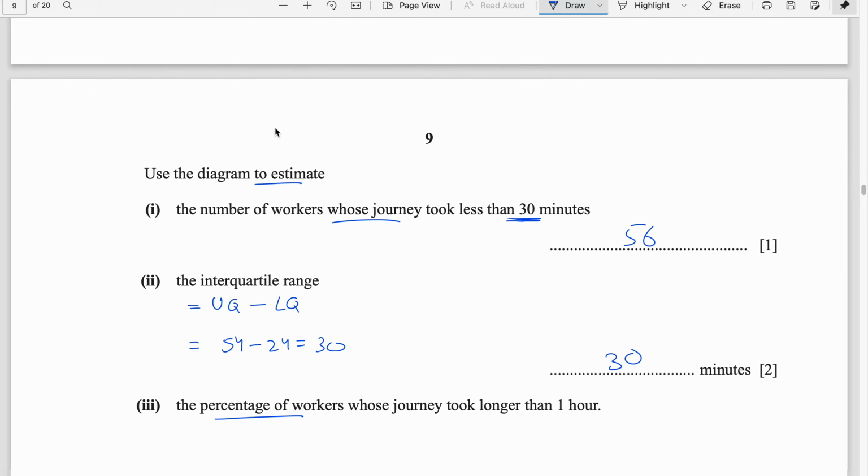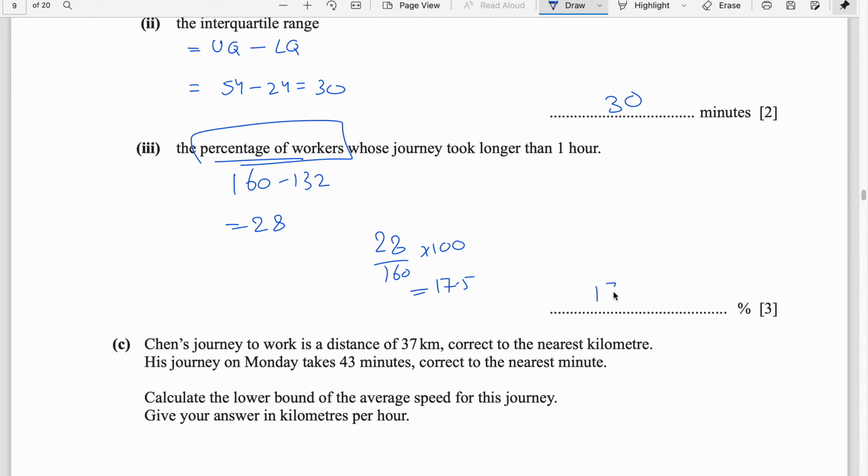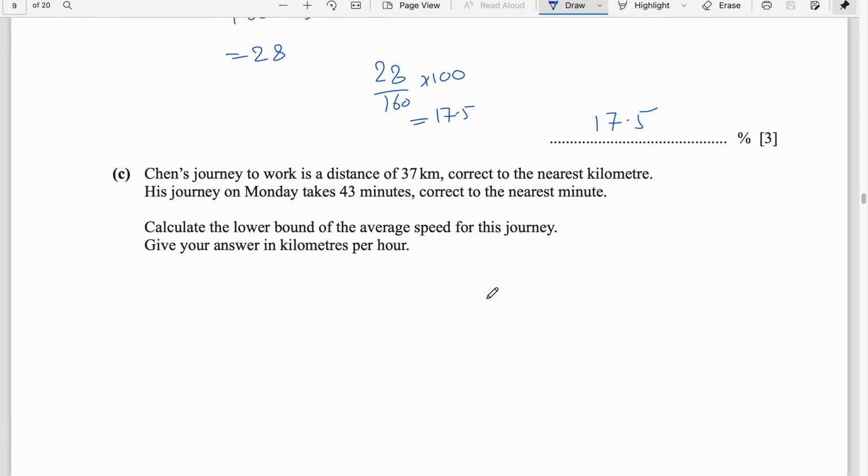So 160 minus 132 is 28 workers, and we have to find the percentage. So 28 by 160 times 100, we get 17.5 percent of workers taking more than 1 hour.